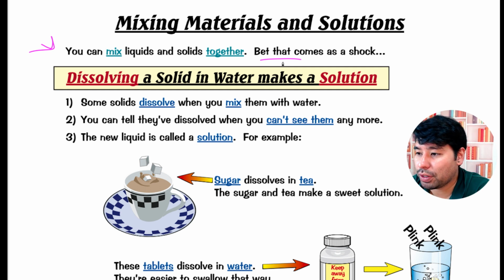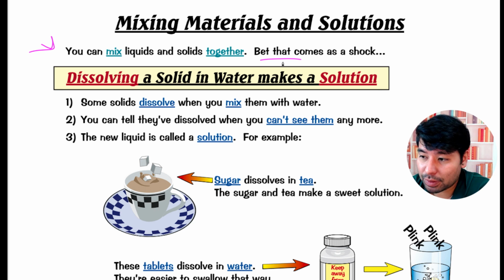Number two, you can tell they've dissolved when you can't see them anymore. So you can tell, I mean, you are sure that the mixture has happened when you cannot see one of the products that you have added. Okay, so quando um dos produtos meio que desaparece ali na mistura, você já sabe, opa, se misturou, right?